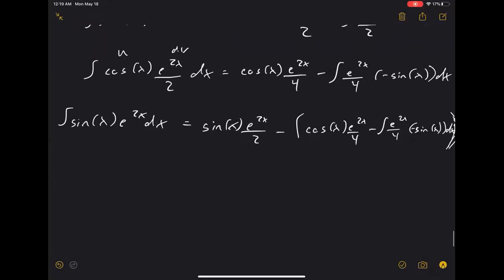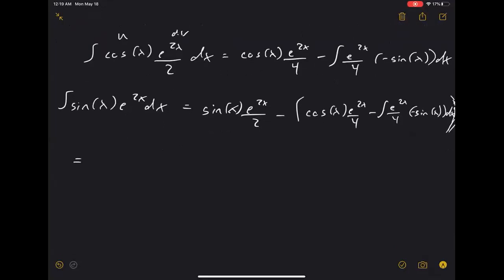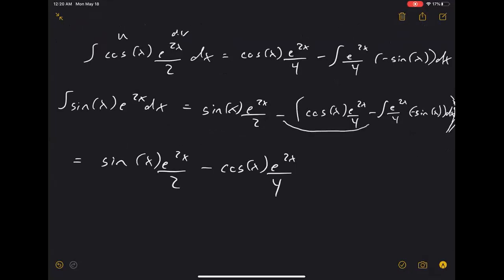Okay, and now let's go ahead and simplify. All right, so sine of x e to the 2x over 2, just distribute our negatives and such. Okay, minus cosine of x e to the 2x over 4. And distributing this negative to here, we'd have plus e to the 2x over 4 times negative sine of x dx.